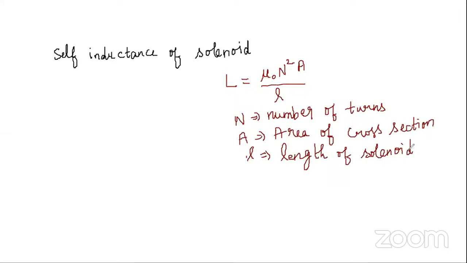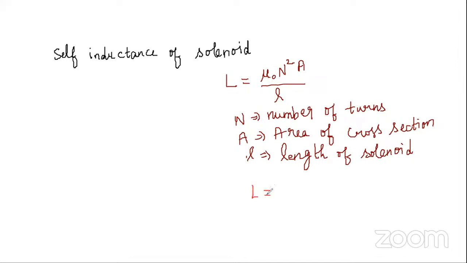Okay. So then we can have, if you have the solenoid core filled with any magnetic material of permeability mu. In that case, this equation is modified.